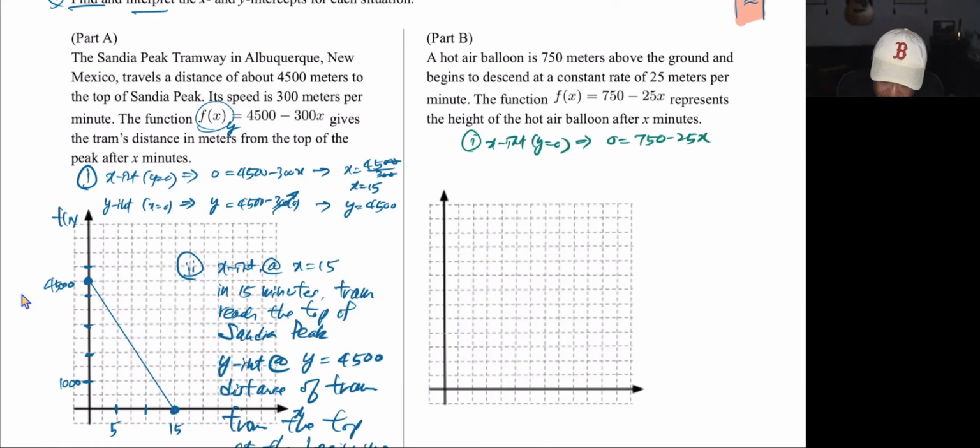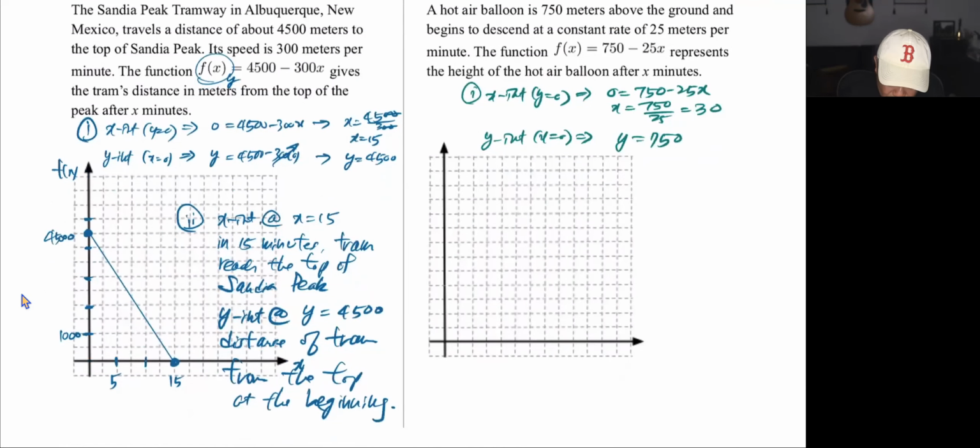When you solve for that, x is 750 divided by 25, and I believe that's equal to 30. Yep, it is, right? And what is my y-intercept when x equal to 0? From slope-intercept form, that goes away, so you're left with 750. That's pretty straightforward. Y is 750.